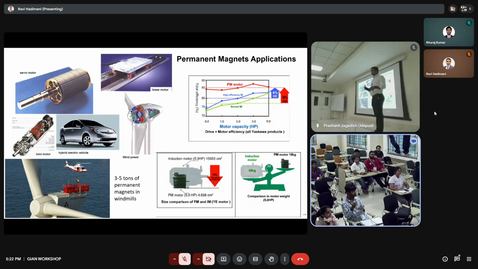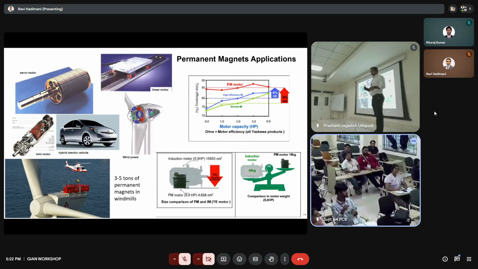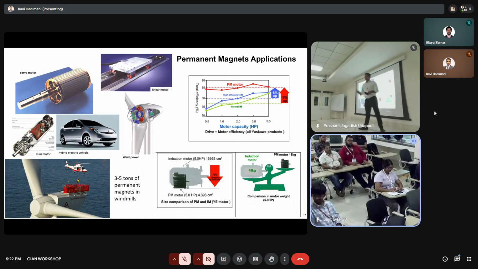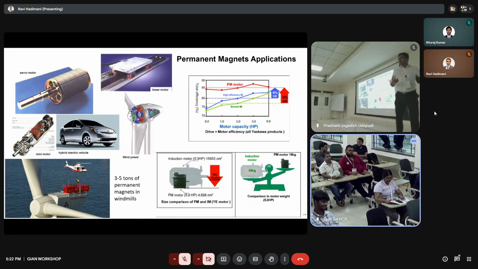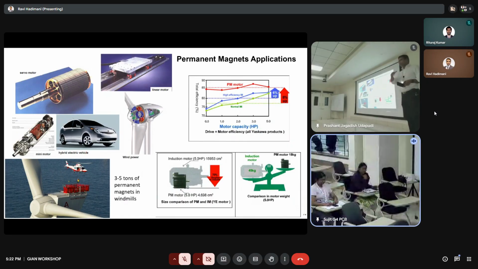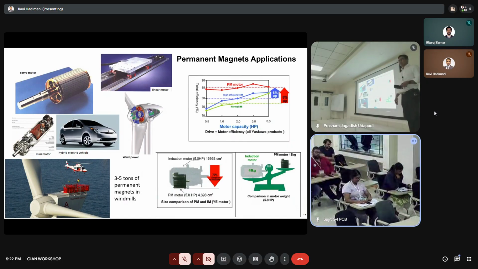You know what their share is? How much is their share of the permanent magnets across the world? 95. Okay, they control the permanent magnets. Any permanent magnet you see invariably has come from China.